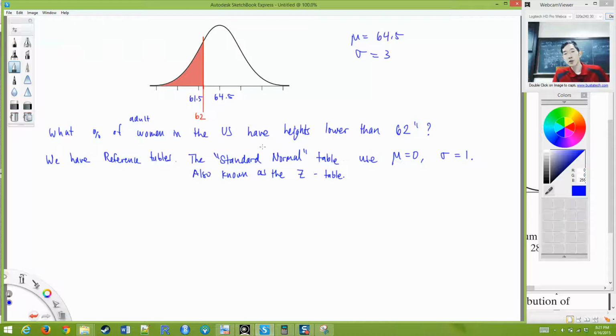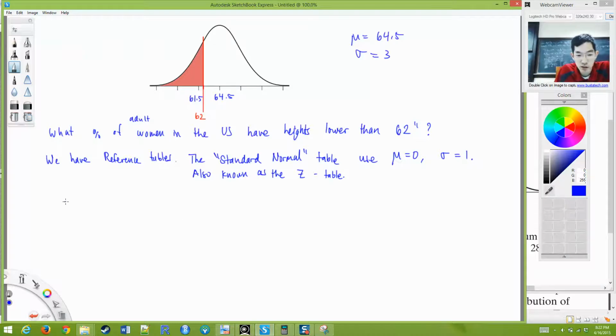So essentially, we want to convert all of these numbers so that they have a mean of 0 and a standard deviation of 1. Okay? And this is known as a z-transformation, or just basically finding the z-score.